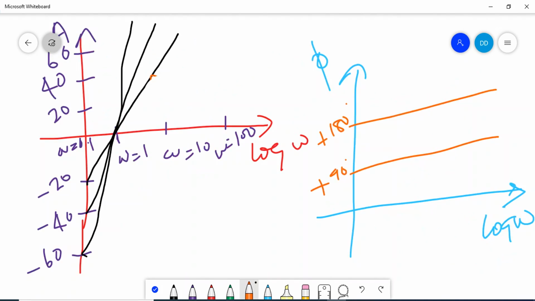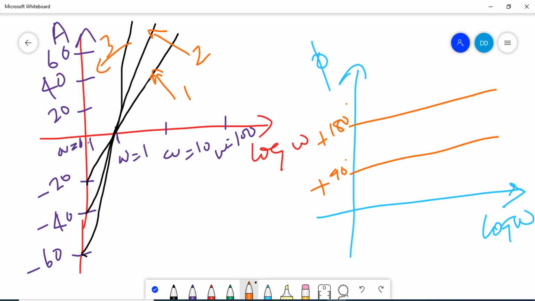So this is how the magnitude and phase angle plot looks like for zeros at the origin. In the magnitude plot, you can see three straight lines. This one has a slope of plus 20 dB per decade, which means we have a single zero. This is where we have two zeros, and this is where we have three zeros at the origin.